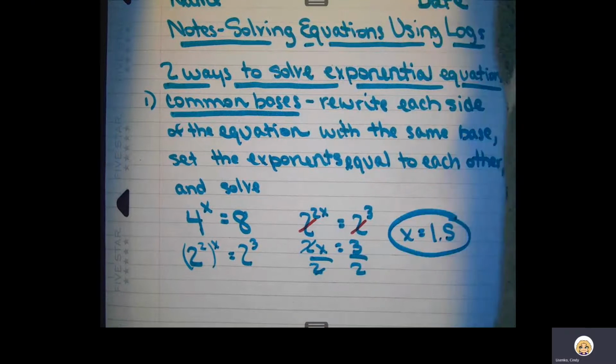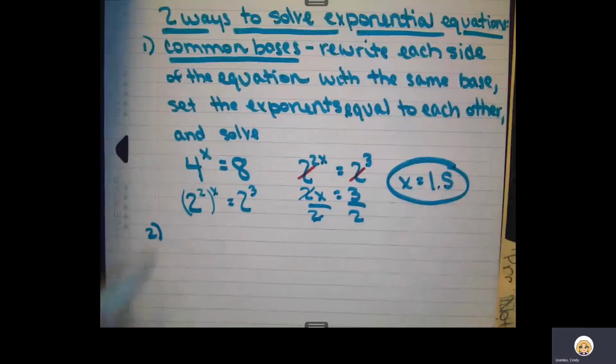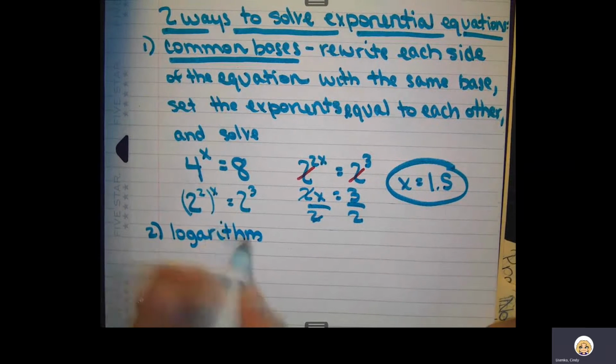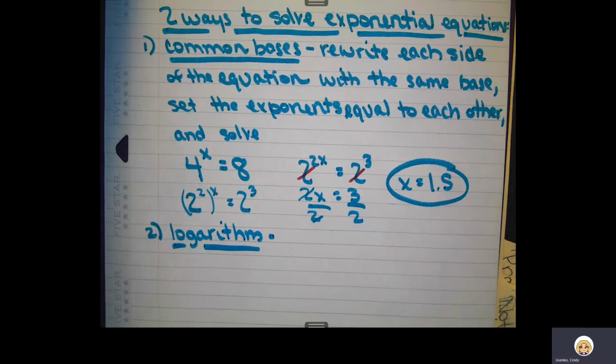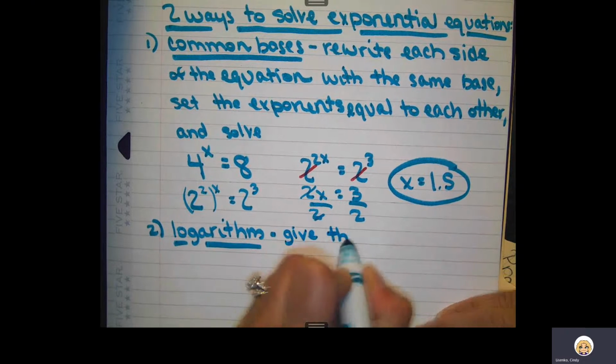Another way to solve this would be using logarithms, which I'm going to show you right now. This is number 2, and we're going to put logarithm, and a short name of that is just logs. This time we can give the common log to both sides. I want you to write for me, give the common log.